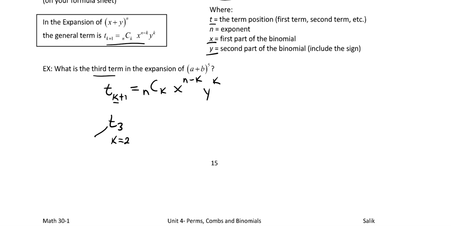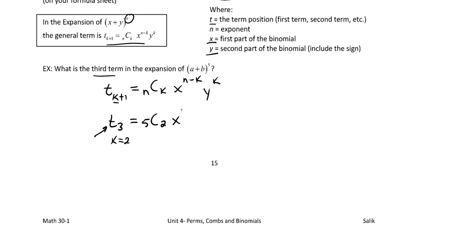But I know I like writing it this way because now I'm saying, okay, I'm looking for the third term. Okay? And then fill it in. So once I know that k is 2, then I'm just kind of plugging it in. I know everything else. So nck, so our n value was our exponent, right? So that's going to be 5c2, right? Because that's our k value, times x to the power of n minus k.